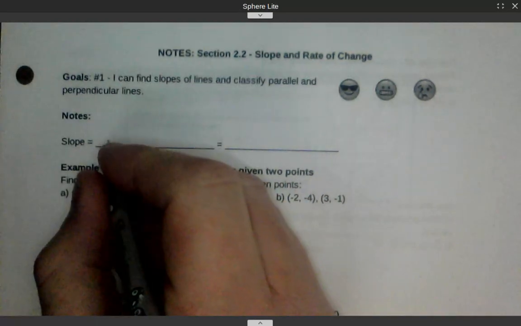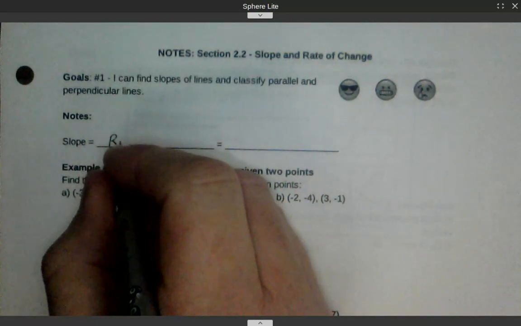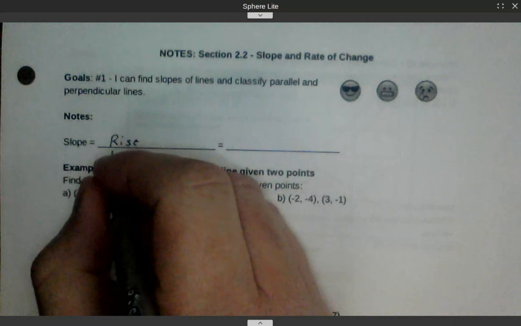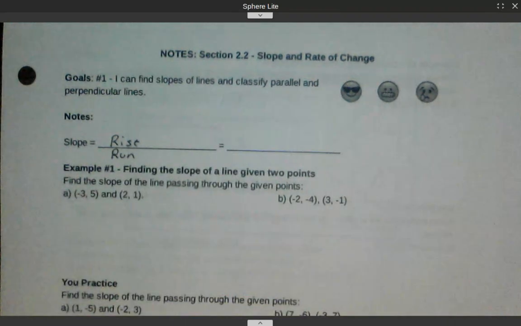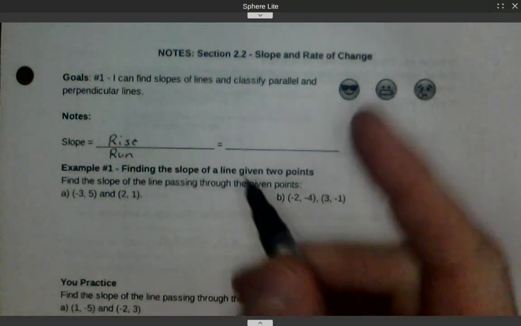First, slope is rise over run. Now, usually what we do is we use a formula.